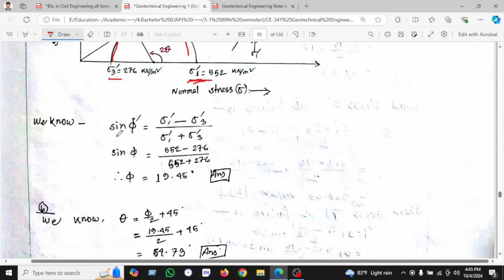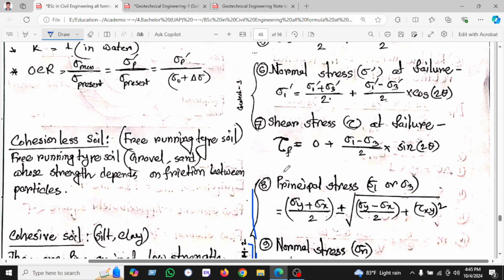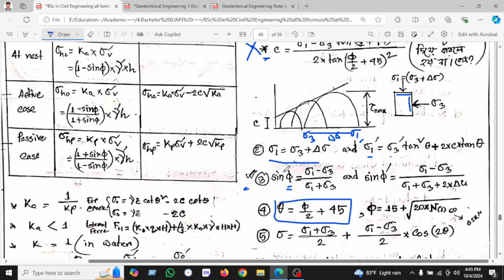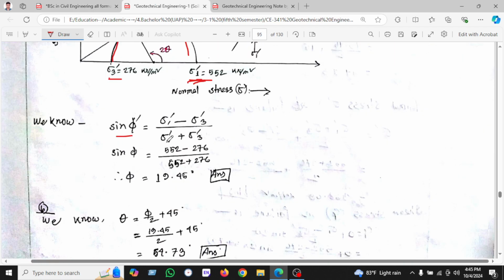Okay, so I will use this formula, sin phi prime. Then we'll use sigma 1 minus sigma 3 over sigma 1 plus sigma 3, and found the angle, which is 19.45.